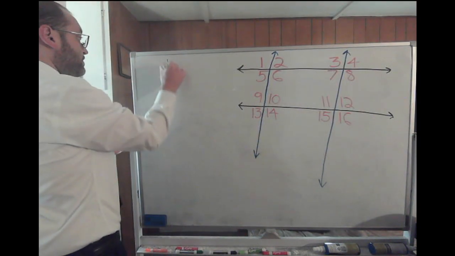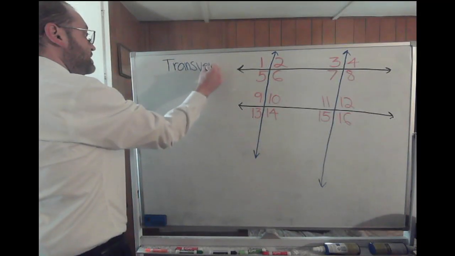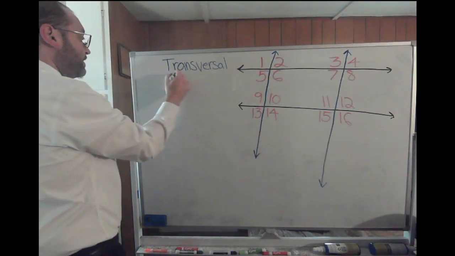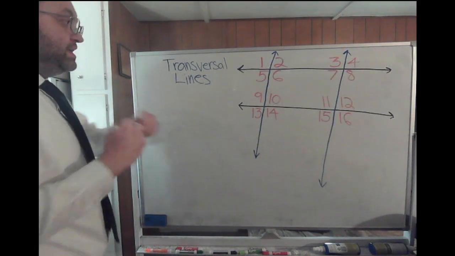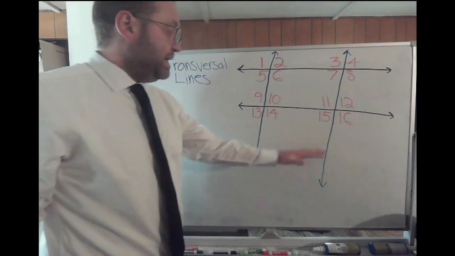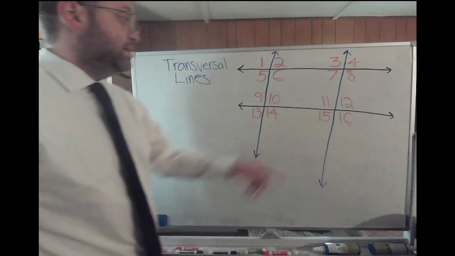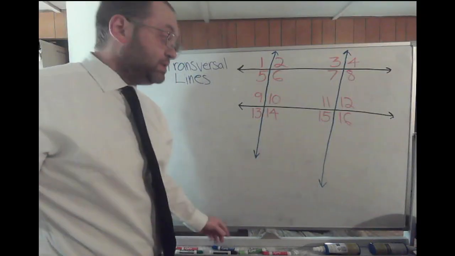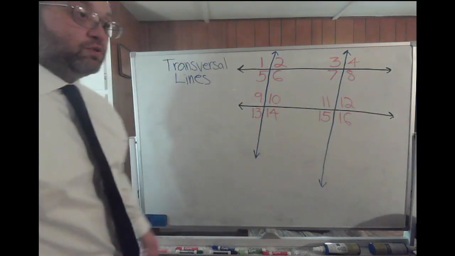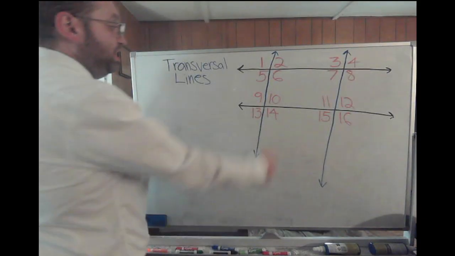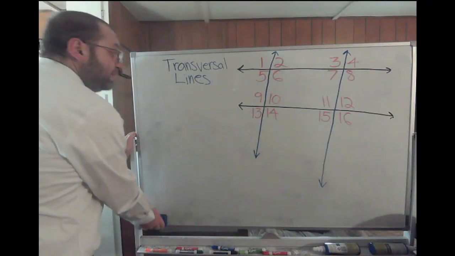So you would have transversal lines. So these lines in blue that go from up to down are called transversal lines because they cut these two lines that lay straight down. Or, if you want to, you can argue that the black lines are transversal lines for the blue lines. Either way, you have lines intersecting lines that don't touch, so those are transversal lines.